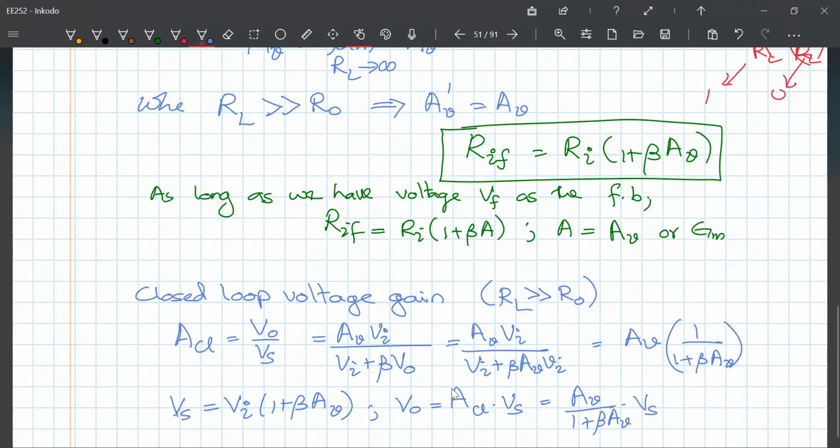So let me highlight the important thing. ACL is equal to AV over 1 plus beta A. So that's the second thing that we derived.